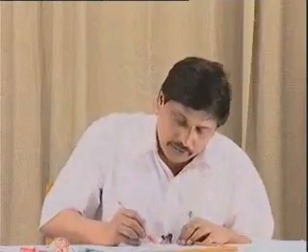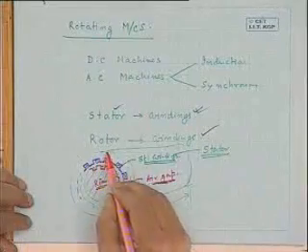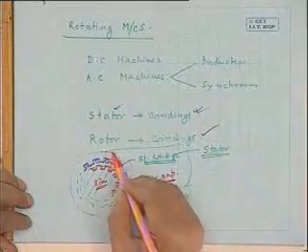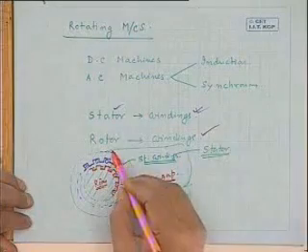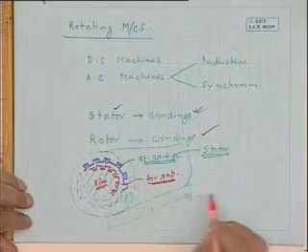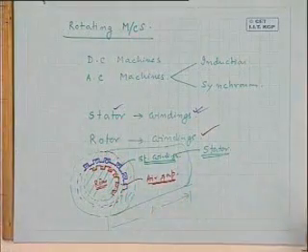The rotor and stator are separated by an air gap. The air gap should not be too large, and at the same time it should not be too small, such that it can cause problems in rotation of the machine.